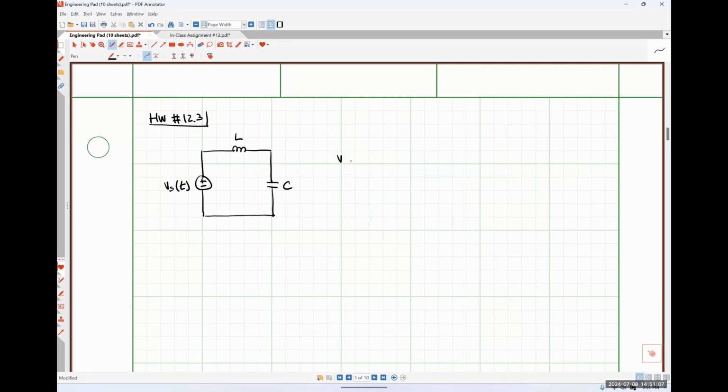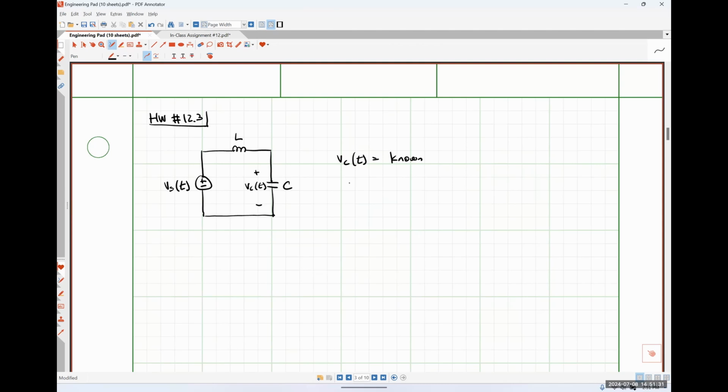We are given a mathematical function for Vc of t. That'll be different for all of you. So that's why I'm putting things in this general form. And the capacitor voltage Vc of t is defined with a positive polarity on top.